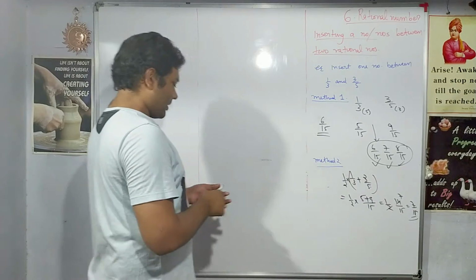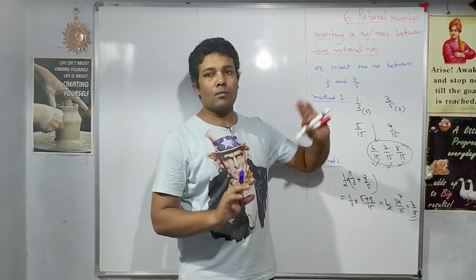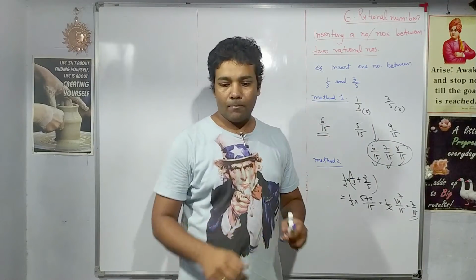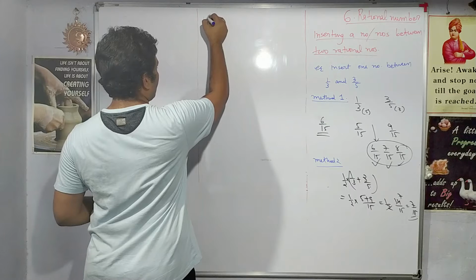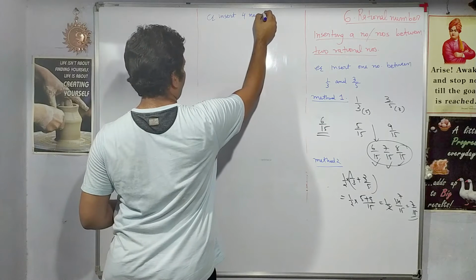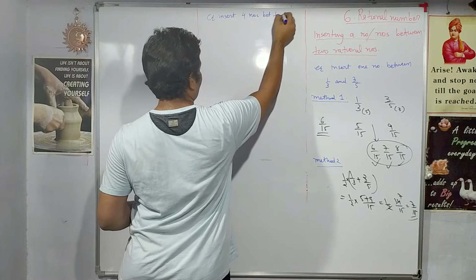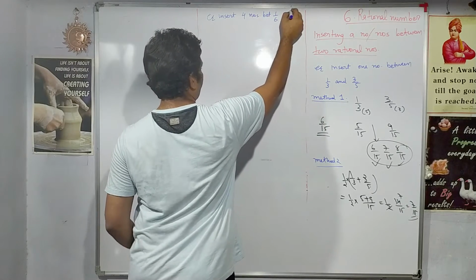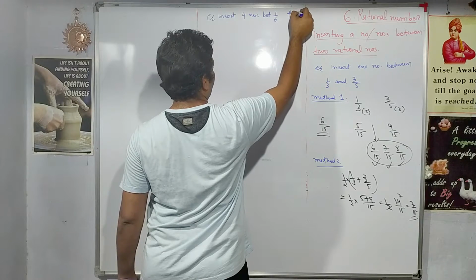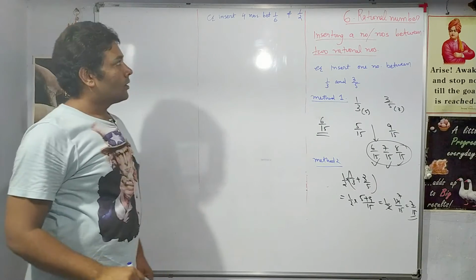Let us take another example. You can insert multiple numbers. This was just an example of inserting one number. The next example I take is: insert 4 numbers between 1 by 6 and 1 by 2, right?